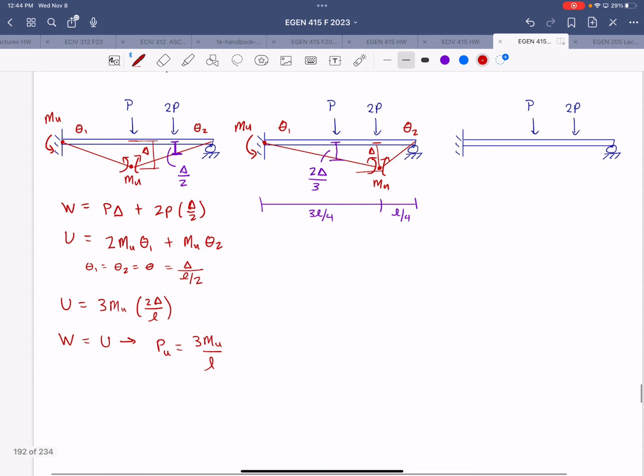All right, so we have our external work is P times 2 delta over 3 plus 2P times delta.